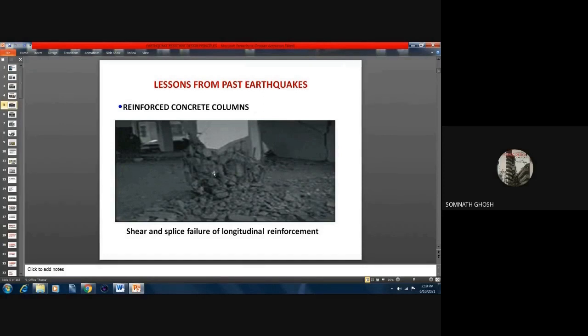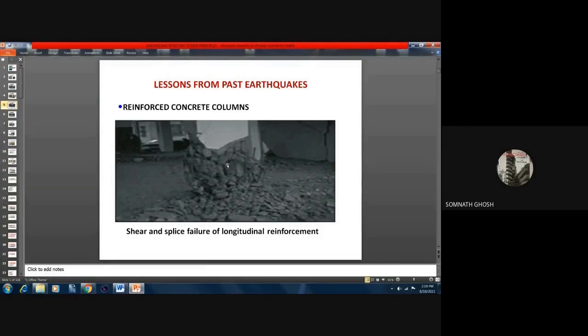You can't see here, but you know that when you are constructing the pile cap or even the shallow footing, you are taking the reinforcement from the foundation level and you are reaching to the ground level or slightly above the ground level, and then you lap your reinforcement, means the other piece of reinforcement is lapped with this old reinforcement.